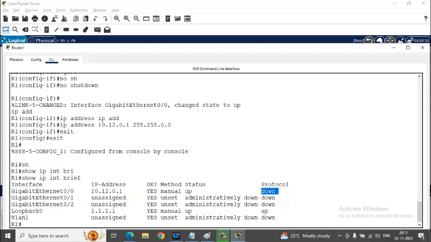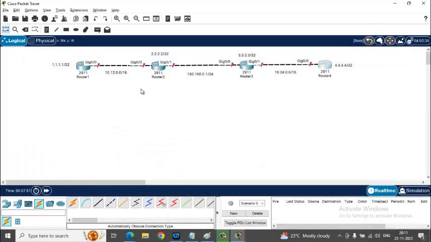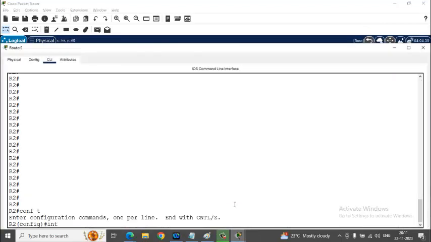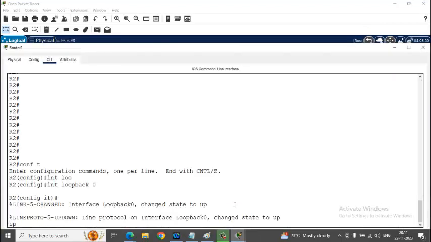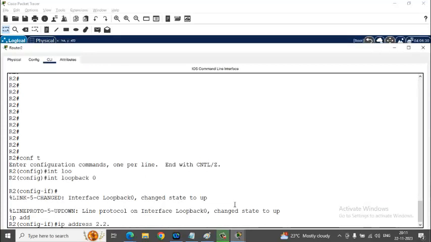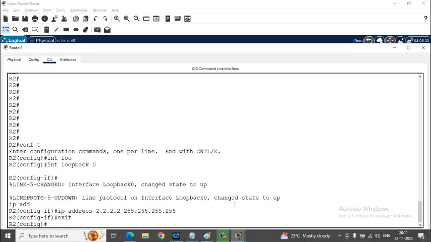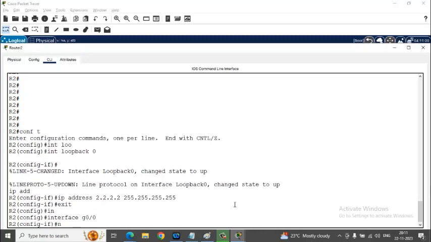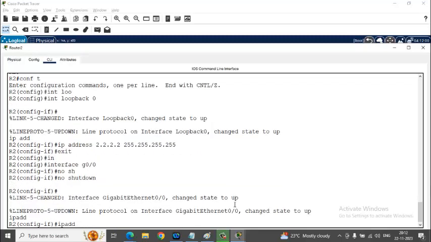Another interface is interface G0/1. That is 192.168.0.2 here. This is just the subnet. I bring it up by typing no shutdown and then I say ip address 192.168.0.2.